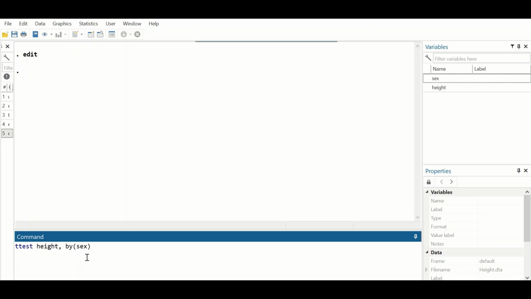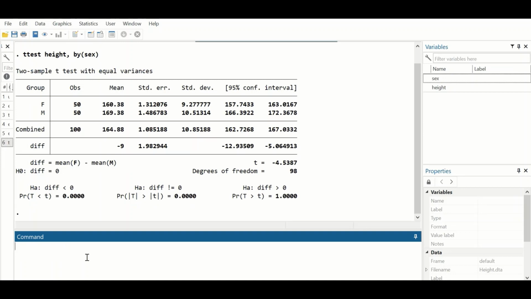If you click enter, a table is generated as shown here for the two-sample t-test with equal variances, as I had checked the two groups and there are approximately equal variances.